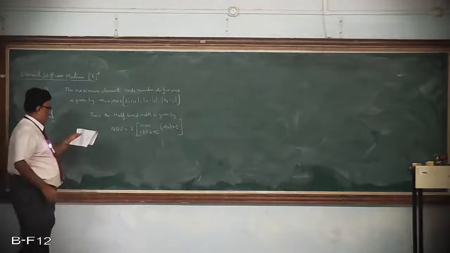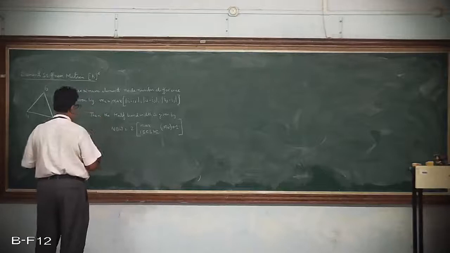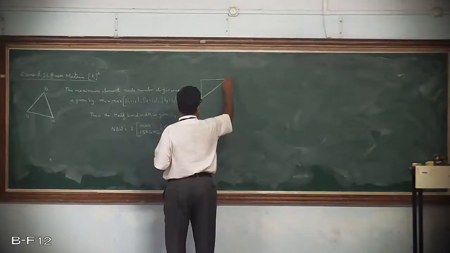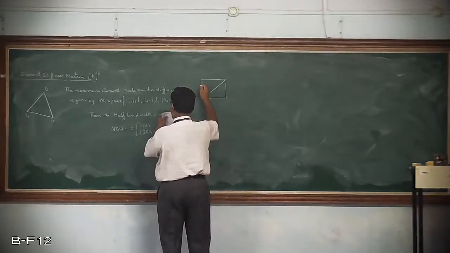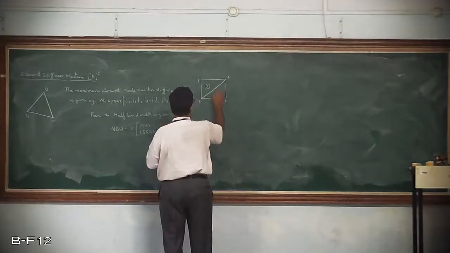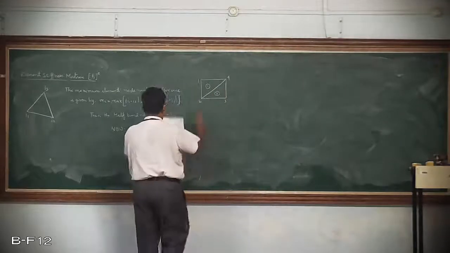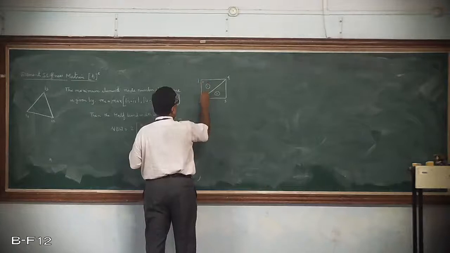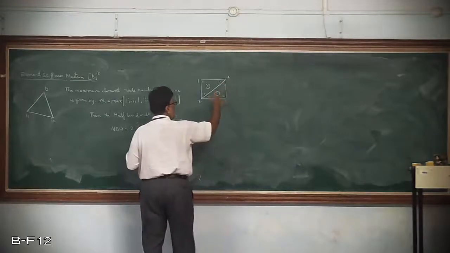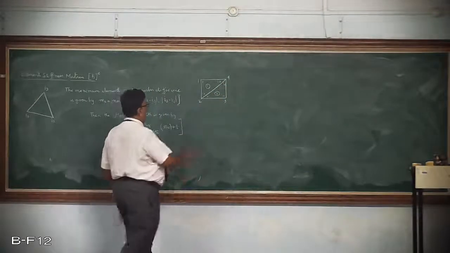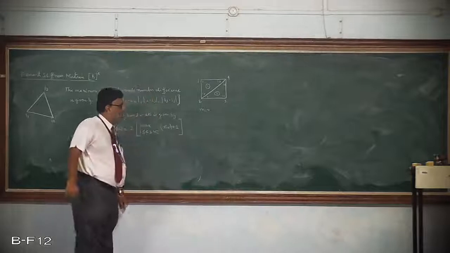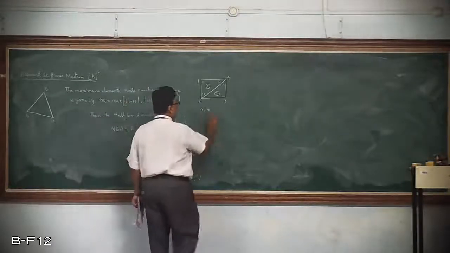So maybe I can show you, for example, if I take this and name the nodes 3, 4, take any one of them. Naturally, for the first element, the maximum difference between the node numbers is the maximum.